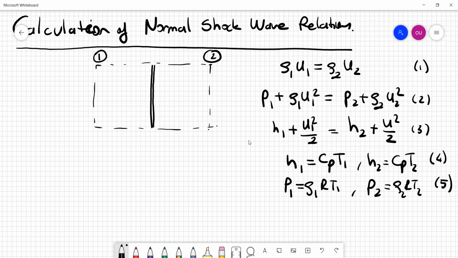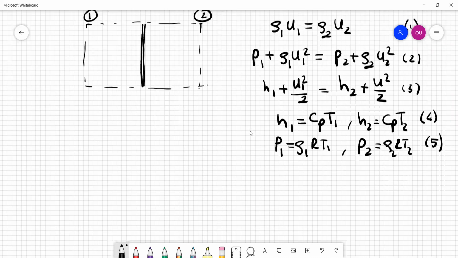So now, starting from this point, we will do some manipulations to these equations and introduce the new things that we learned regarding adiabatic inviscid flows, for example, energy conservation. Starting from here, our first step is to divide the momentum equation by the continuity equation.